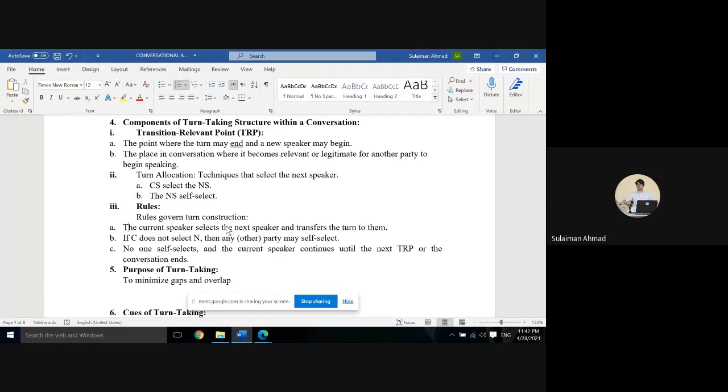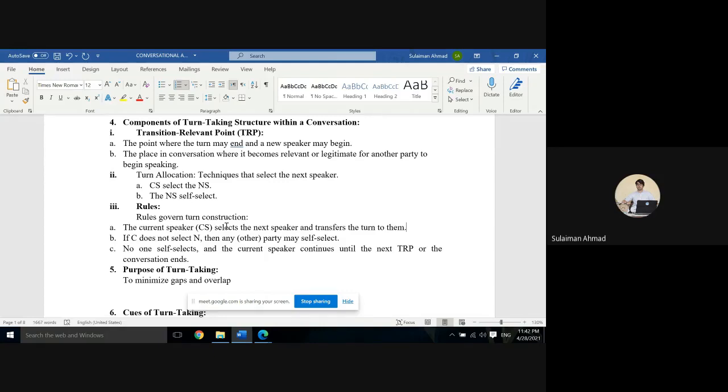I'm the current speaker. If you go back one minute, I was the current speaker. Current speaker, you may abbreviate it as CS. So I was the current speaker. I selected the next speaker. So rule number one is that the current speaker selects the next speaker and transfers the turn to them.